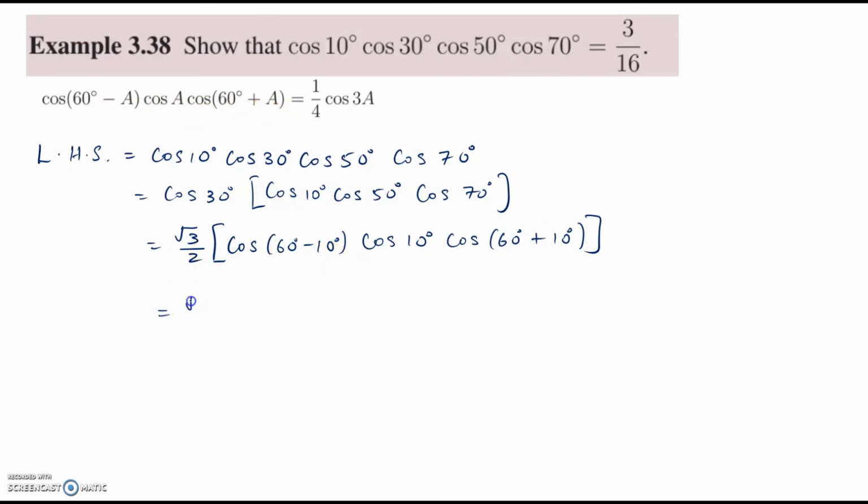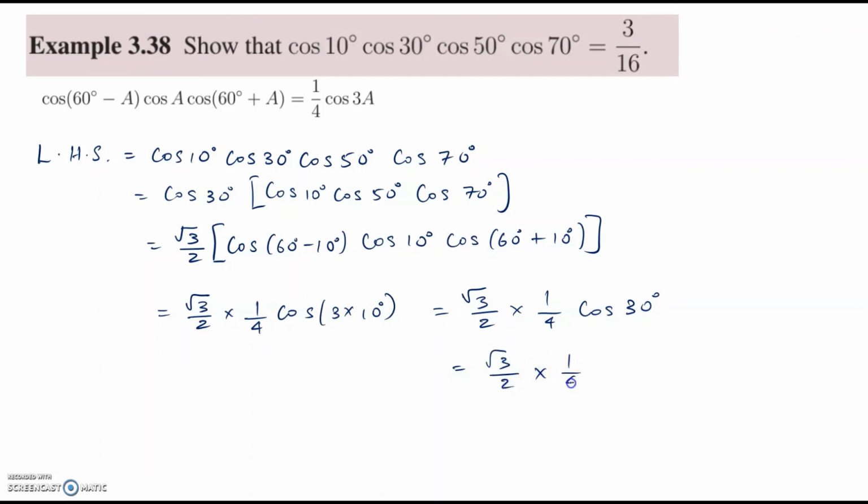So this can be rewritten as root 3 by 2 into 1 by 4 cos 3 times 10 degrees, which is root 3 by 2 into 1 by 4 cos 30 degrees, which is root 3 by 2 into 1 by 4 into root 3 by 2. Further simplifying this, you get 3 by 16, which is equal to the right hand side. Hence the proof.